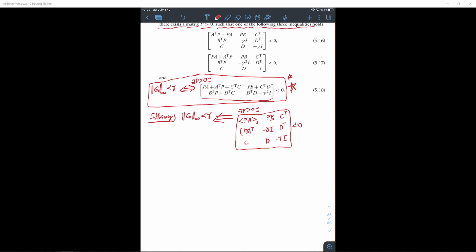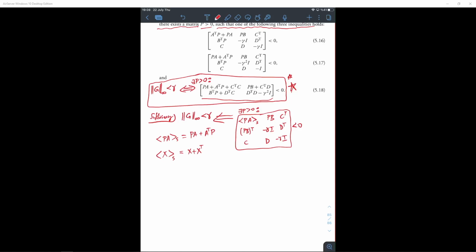And a quick notation here: this symmetric operation on X is X plus X transpose. This is PA plus PA transpose, meaning A transpose P.